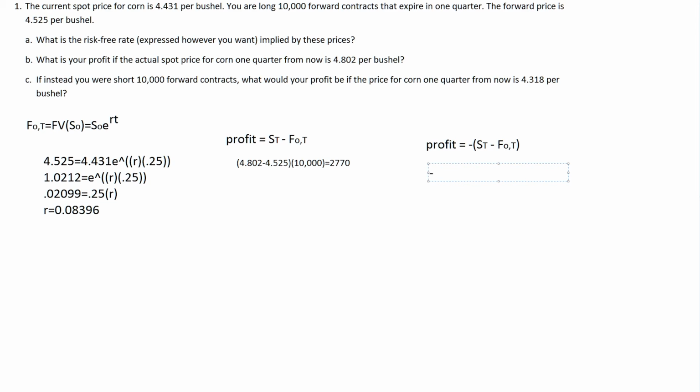So filling in the blanks, we have minus 4.318, which is how much the corn costs at time t, minus our forward price, which is 4.525. Multiply that by 10,000. And that gives us 2070.